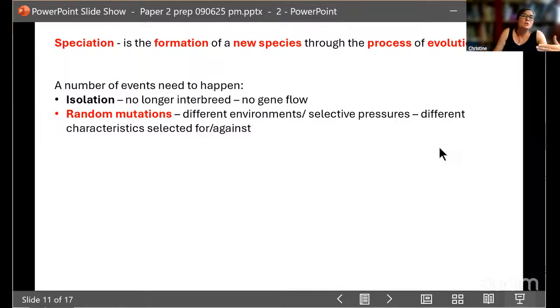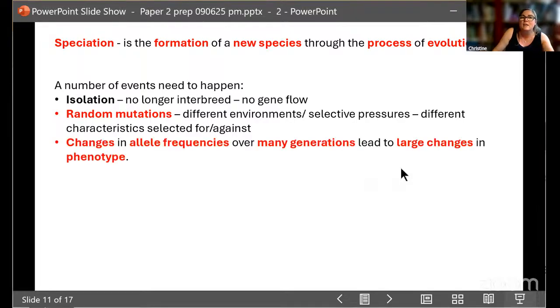Is that random mutation going to be one which is a silent one? Is it a missense one? Is it a nonsense one? What are the consequences? Is there a frame shift happening? What is happening? But whatever you have, that random mutation, you're going to have different environments, different selective pressures, different characteristics are going to go for and against.